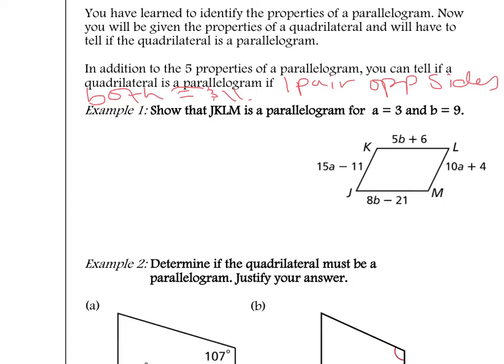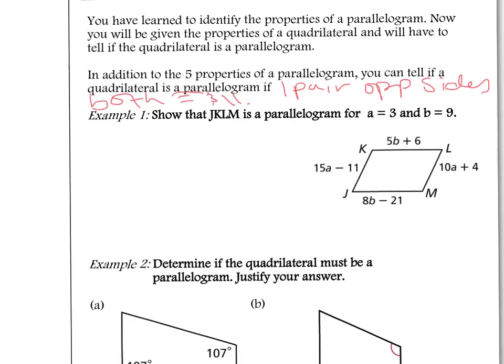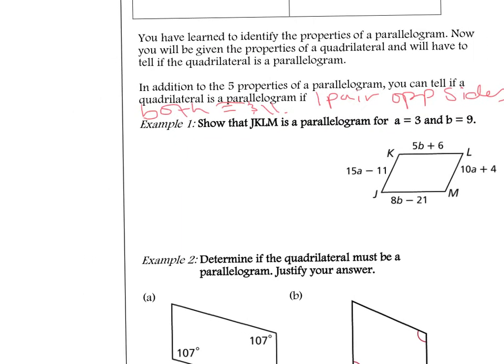But if I know those one pair of opposite sides are both parallel and congruent, then that's enough. So let me show you. If I don't know anything about these vertical-ish sides over here, but about these horizontal sides, if I know that this side is congruent to this side and it's parallel to this side, then that's enough information to prove that this would be a parallelogram. So it's like a bonus property.